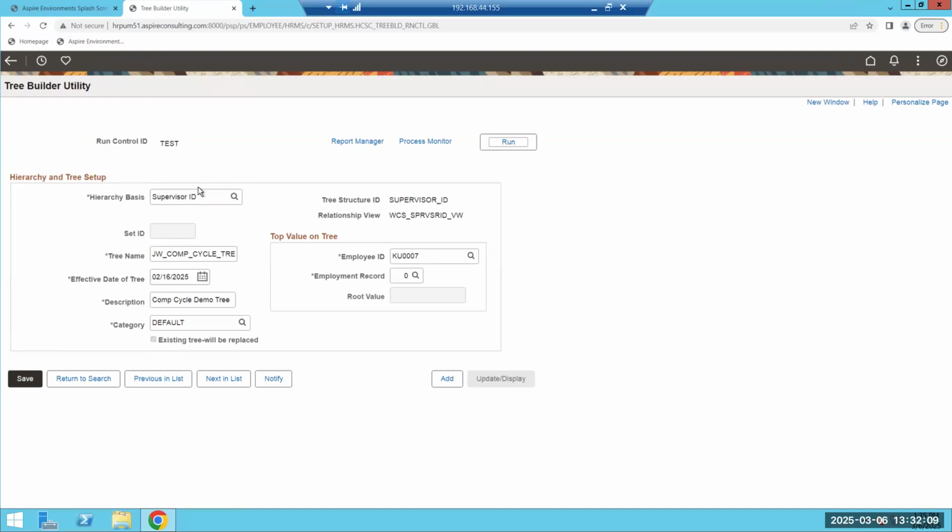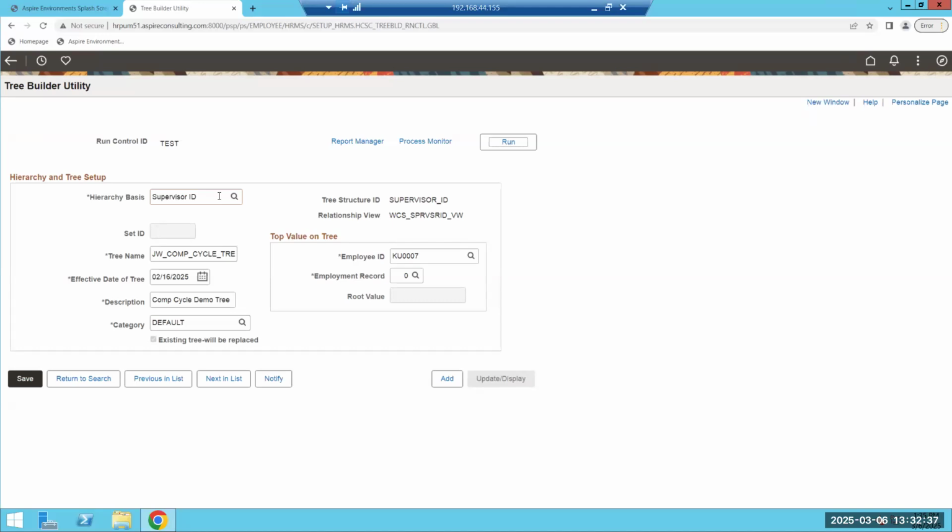This will build a tree for you. It will build it either off of supervisor ID or off of reports to, if you're using position management. So those are your 2 options as far as utilizing this tree builder utility.